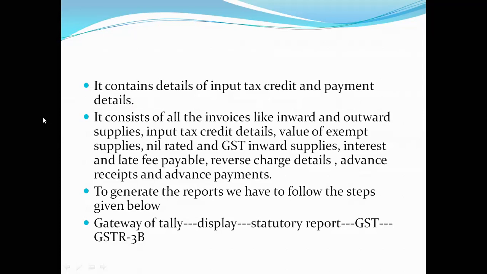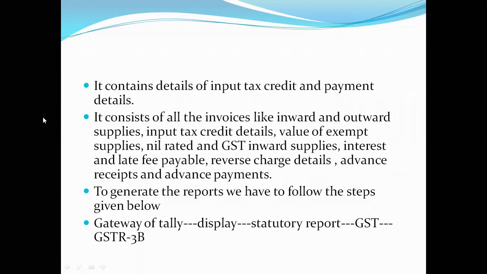It also includes reverse charge information, advance receipts and advance payments. Sometimes you have to pay an advance to the trader, or suppose you received any advance payment from the trader, that will be recorded in the GSTR 3B.